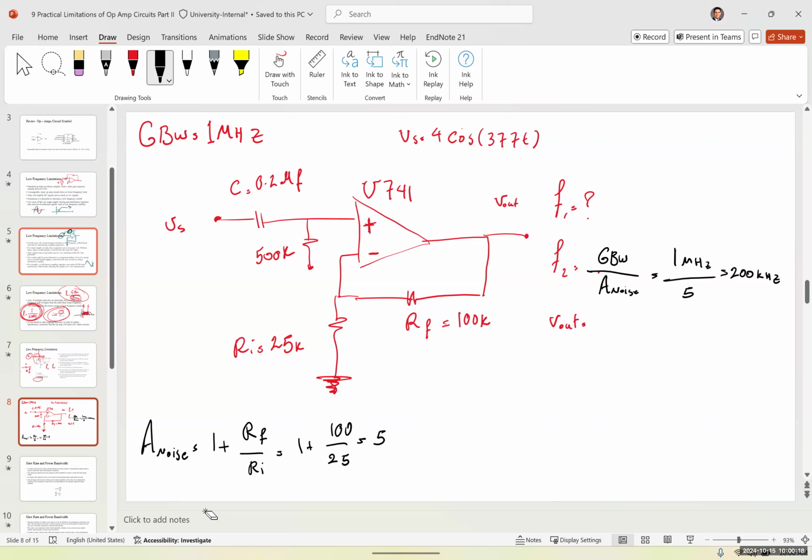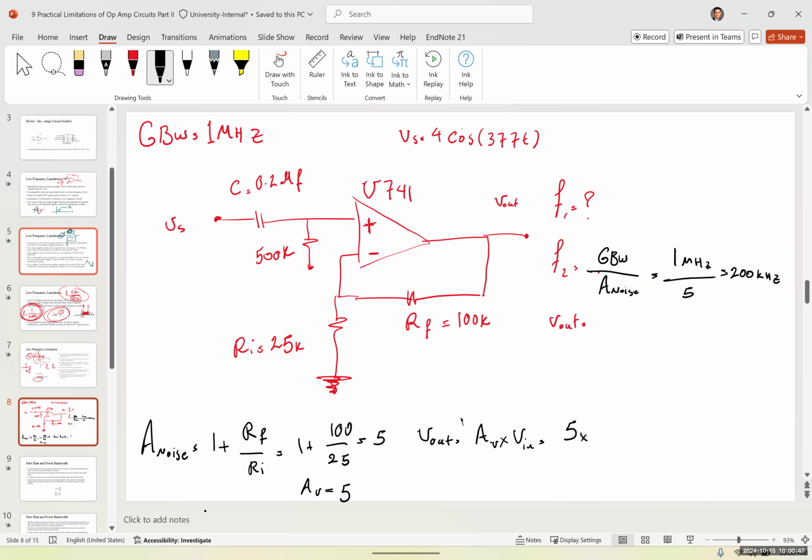Now, what is V out? V out would be AV times Vn. AV is the same as A noise because it's a non-inverting amplifier, which is going to be equal to 5.